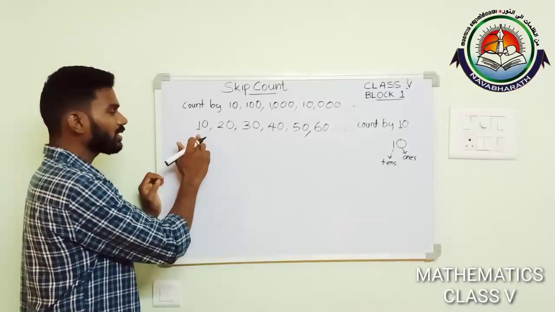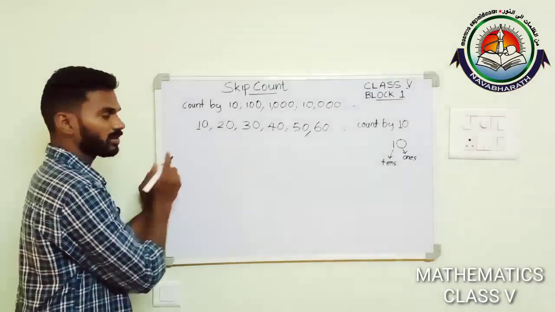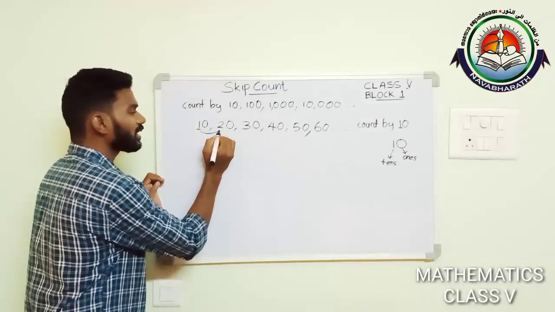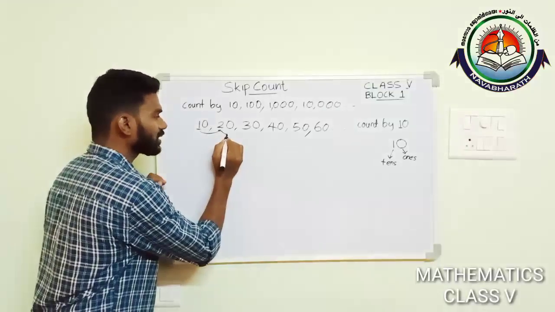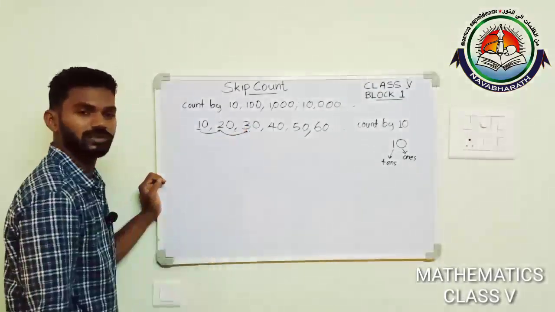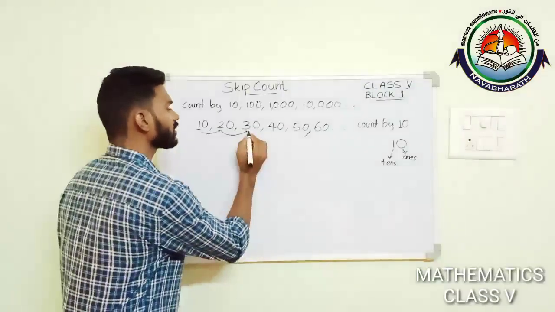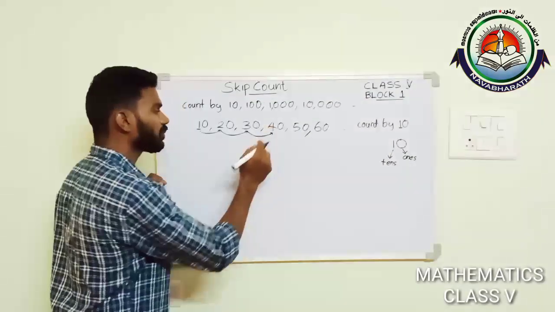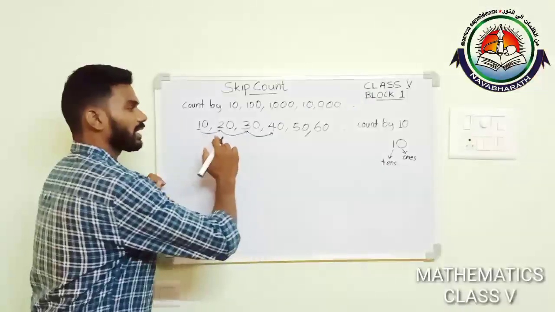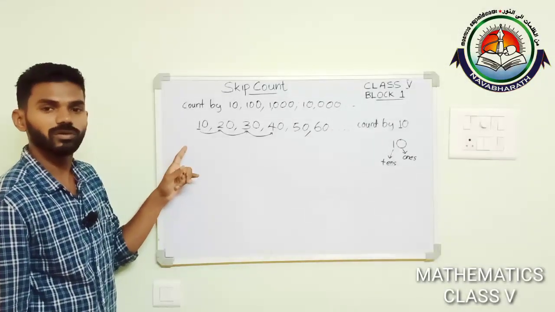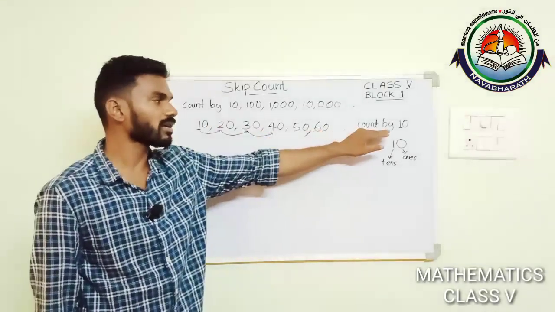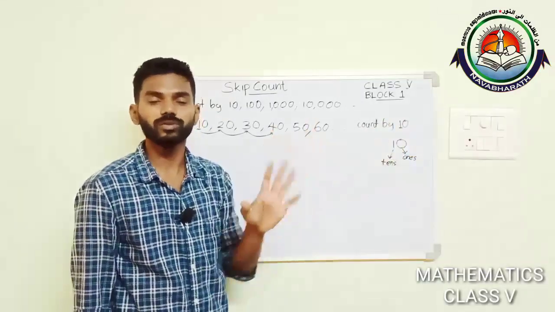You can see that on the next number, the tens place is replaced by 2. On the next, the tens place is replaced by 3. On the next, the tens place is replaced by 4, etc. Clear? So to have a count by 10, what do you have to do?